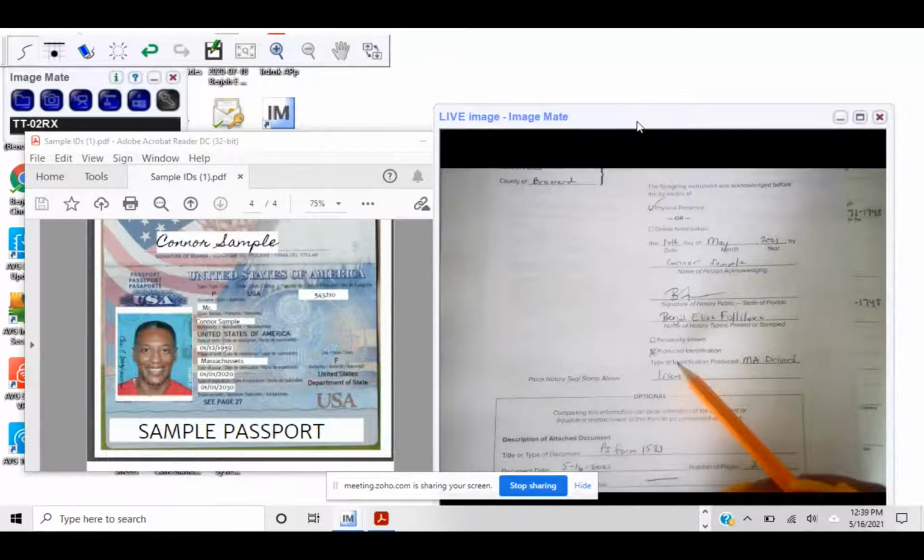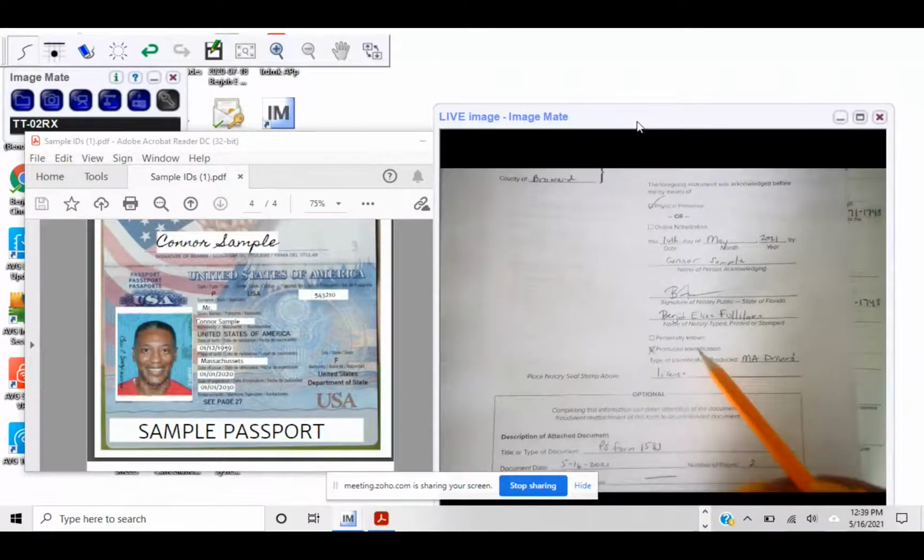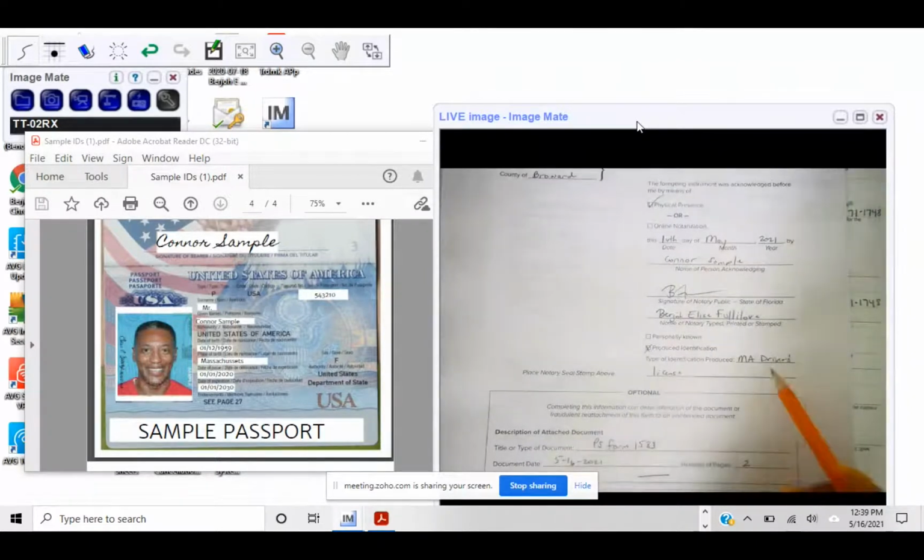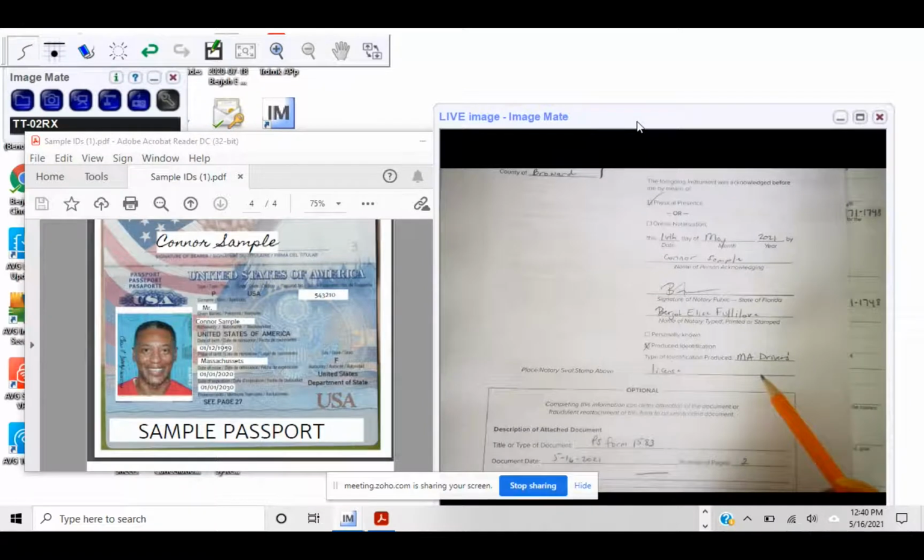And for Florida, we specifically have to have this little section here. So he was not personally known to me. I identify him from identification that he produced, and he produced his driver's license. So I put the state driver's license, and you want to spell it out. You don't want to abbreviate driver's license or passport or whatever type of identification he used.